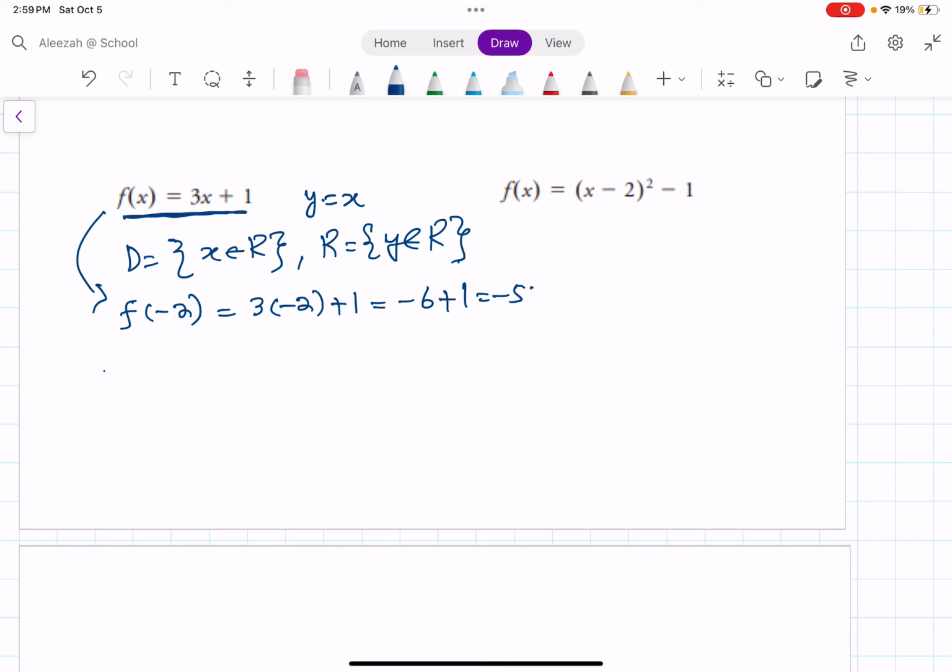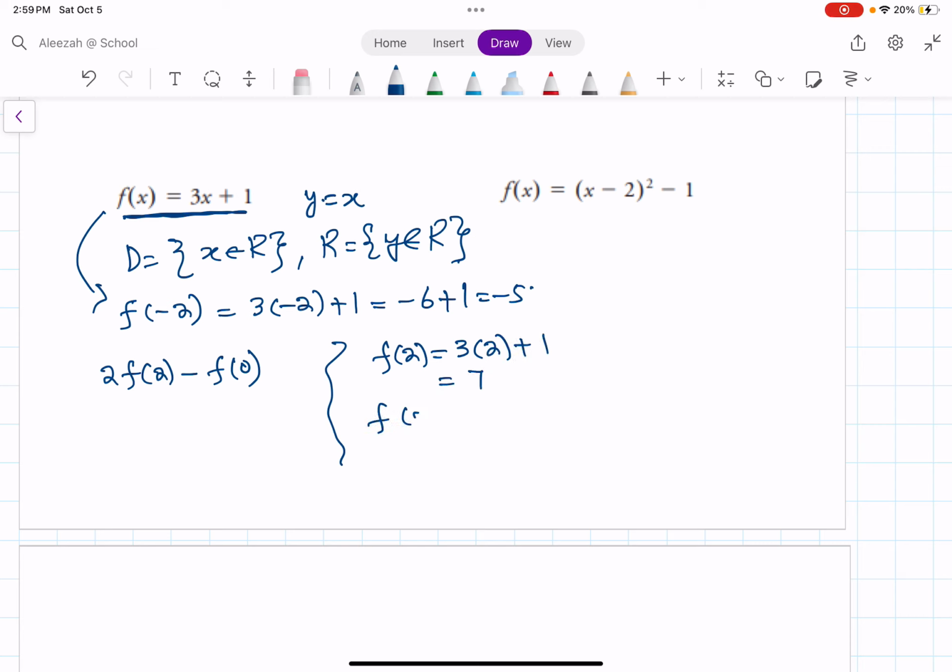What if I have to do 2f of 2 minus f of 0? I'll do the same thing here. It's better if you just find f of 2 first, so let's do it separately. f of 2 will be 3 times 2 plus 1, so that will be 7.